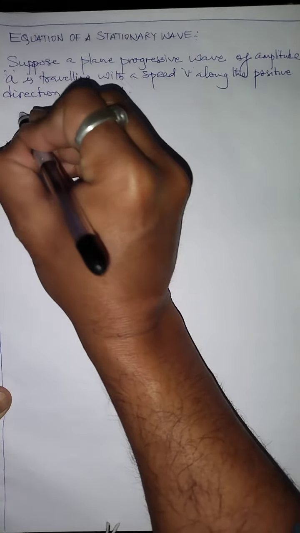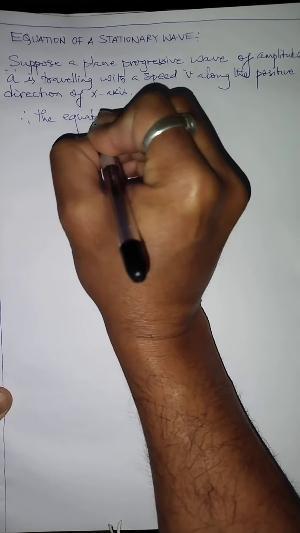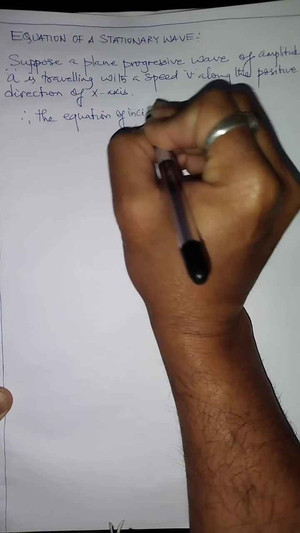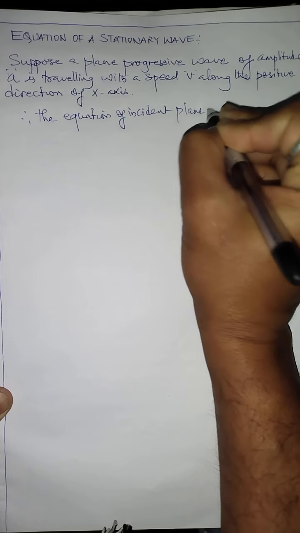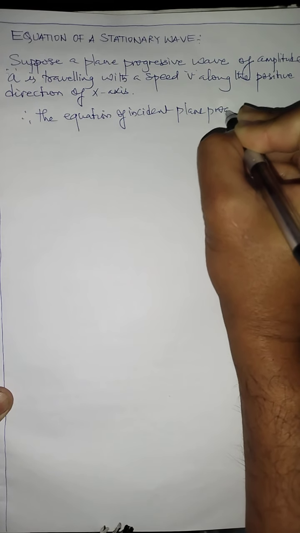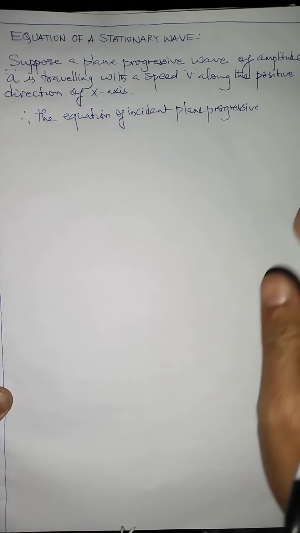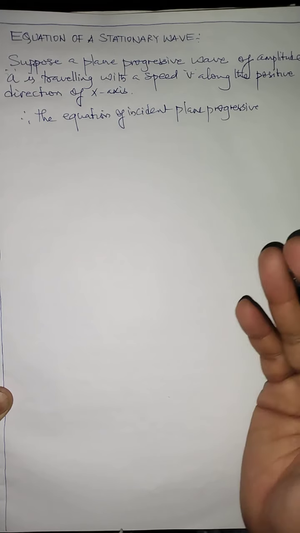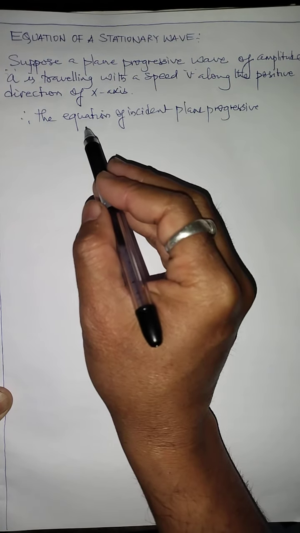So I write down the equation of the incident plane progressive wave. This wave is incident on the rigid support or on the open surface, the boundaries where this wave is incident, and this wave has an equation also.